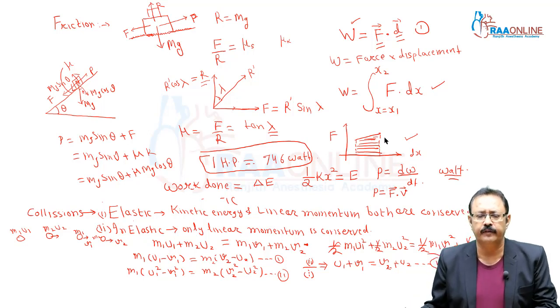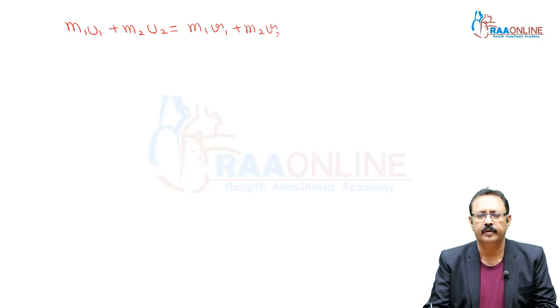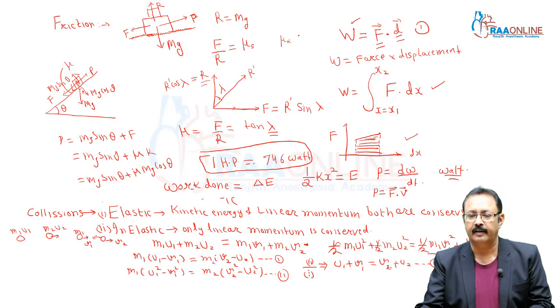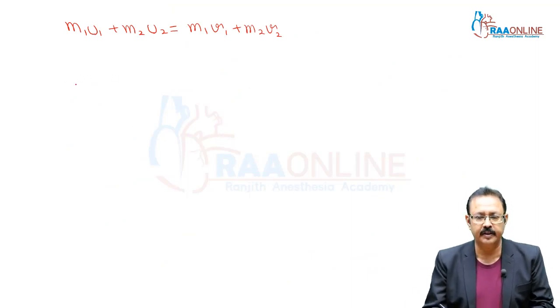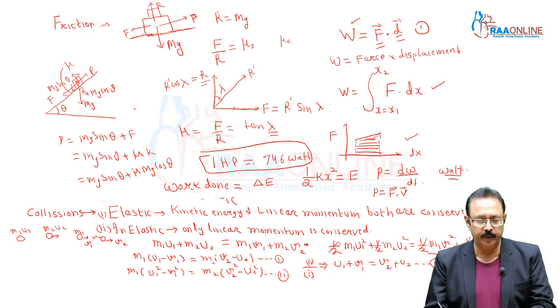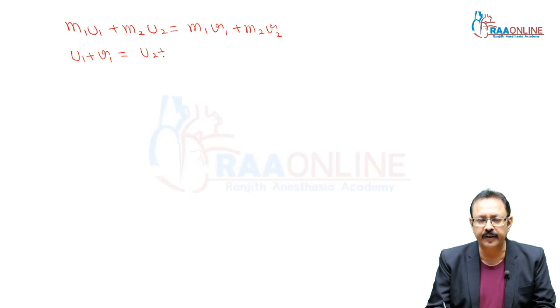So now we are going to solve the original equation, which was m1 u1 plus m2 u2 is equal to m1 v1 plus m2 v2, with the equation which we just formed, that is u1 plus v1 is equal to u2 plus v2.